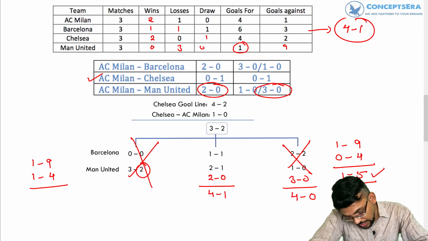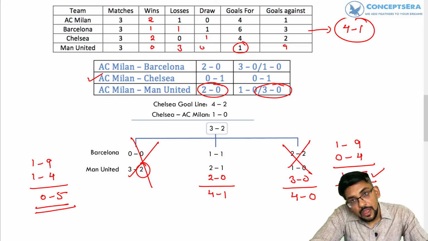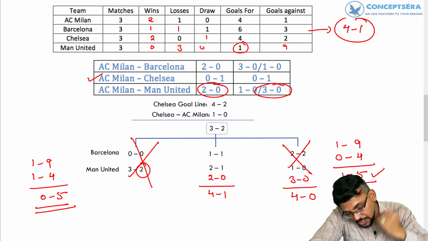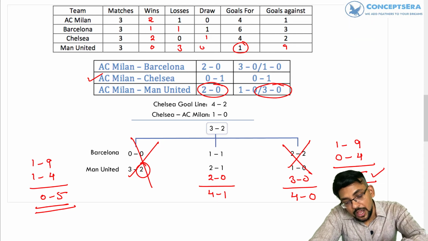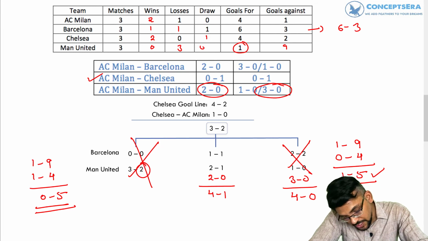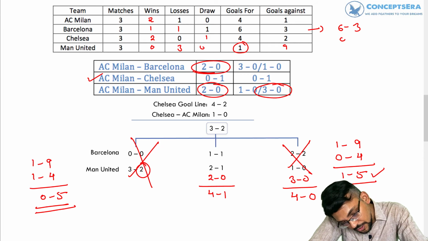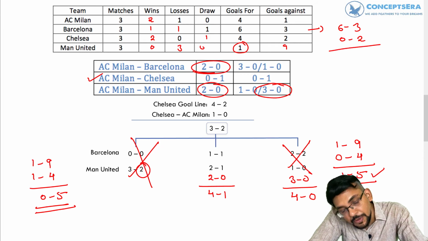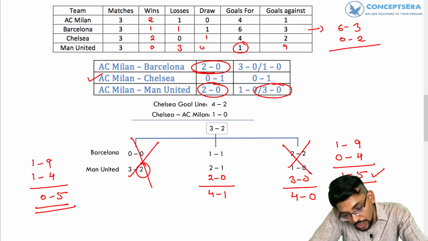Then the left out goal line will be 0-5. And now we have to see whether the 0-5 goal line is possible for Barcelona. The goal line for Barcelona is given as 6-3 here. Out of 6-3, 2-0 is lost against AC Milan. And the left out goal line is 6-1.